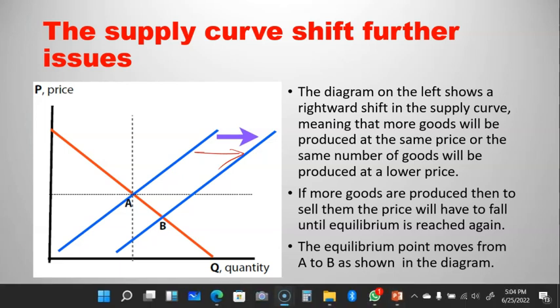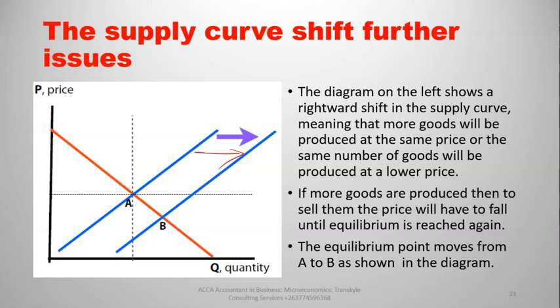To just make sure this point is understood properly, let us go to the curve itself. We are saying the diagram on the left shows a rightward shift in the supply curve, meaning that more goods will be produced at the same price.